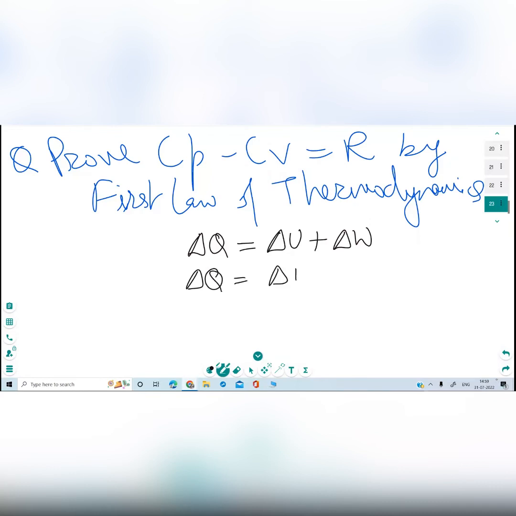Can I write work done in another form? What is work done?